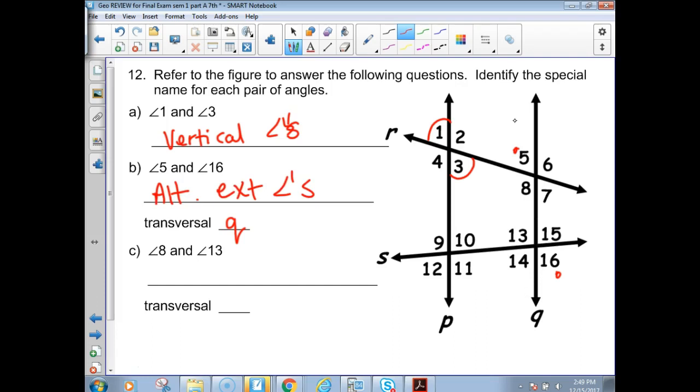Angles 8 and 13 are on the same side of the transversal, which is line Q, and they would be called consecutive interior angles.